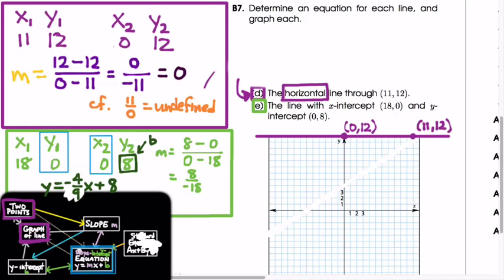So what's my next step if I'm trying to find an equation for this line? Well, my next step was just to plug in that slope. But if you're telling me that my slope is 0, how do I find my y-intercept?